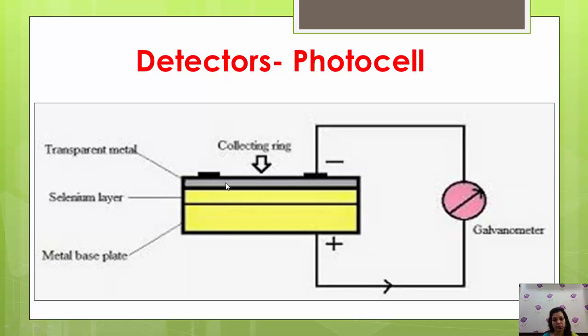Electrons are released at this place, and through this p-n junction they are absorbed at a highly conductive metal like silver. An electrical potential difference is generated through this p-n junction, which is measured by the galvanometer.